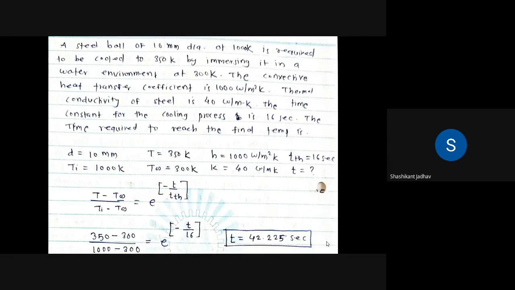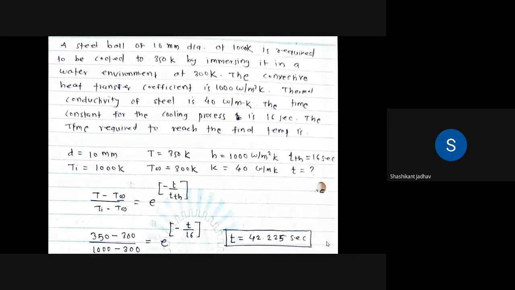This question was asked in the GATE 2016 exam. To solve such problems, we have to remember the formulas; if we remember them, it is very easy. So t is equal to 42 seconds.